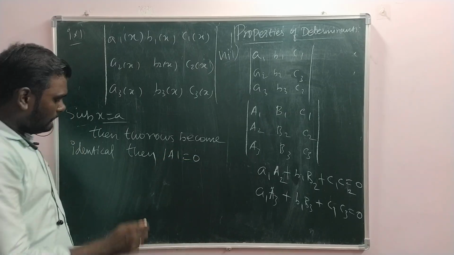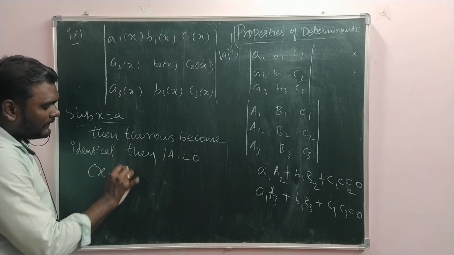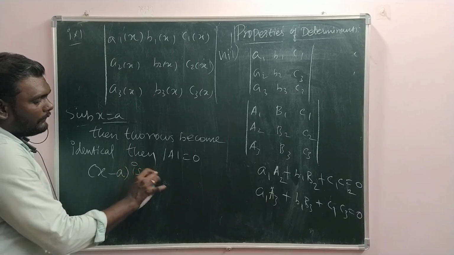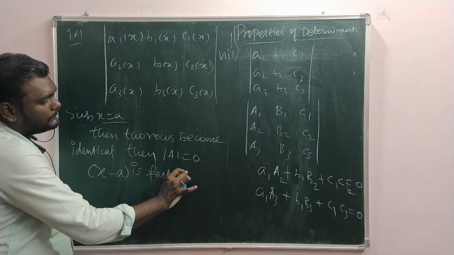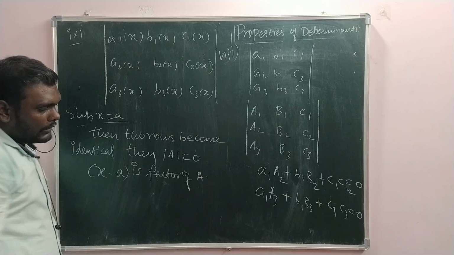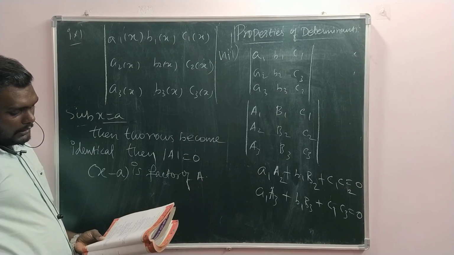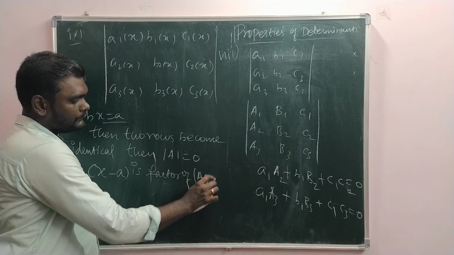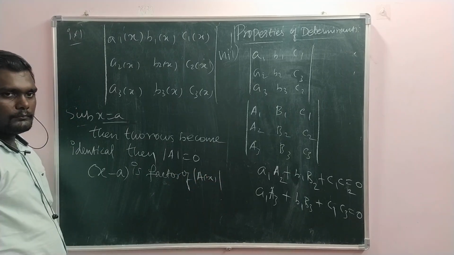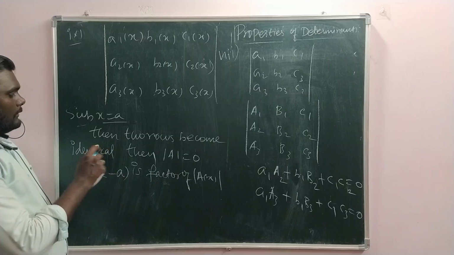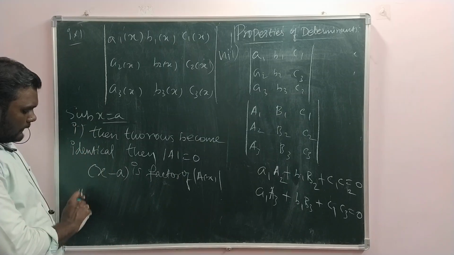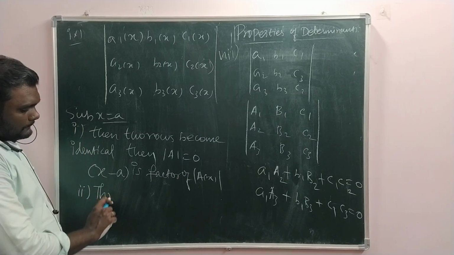So we say X minus the substituted value is a factor of the determinant of A. Then, suppose three rows become identical.